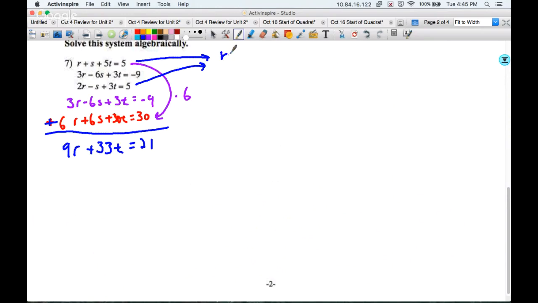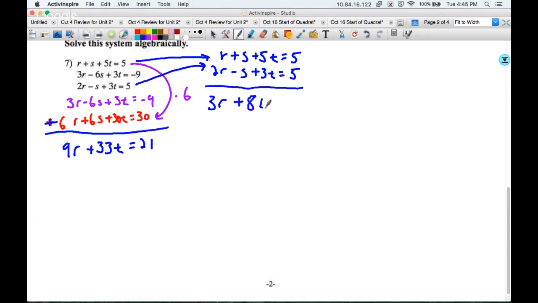All right, then I'll use equations 1 and 3 because those will cancel out an s as well. Add these together and we get 3r plus 8t equals 10.